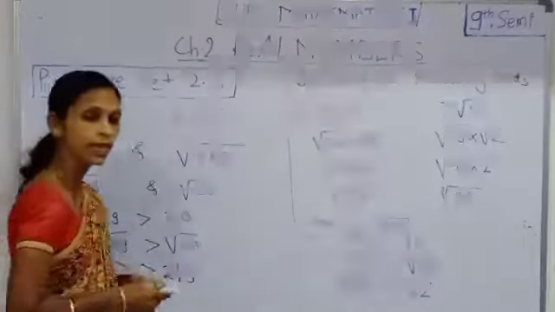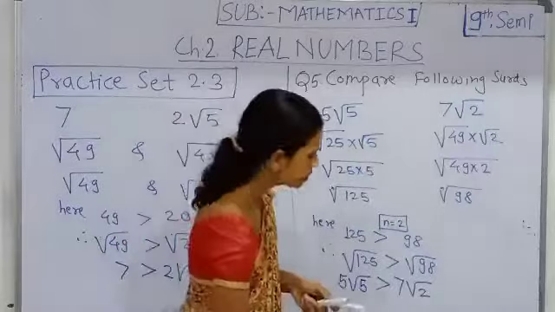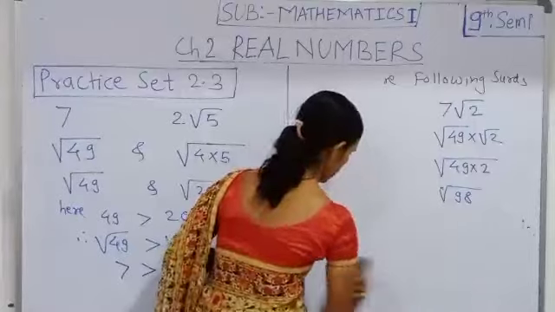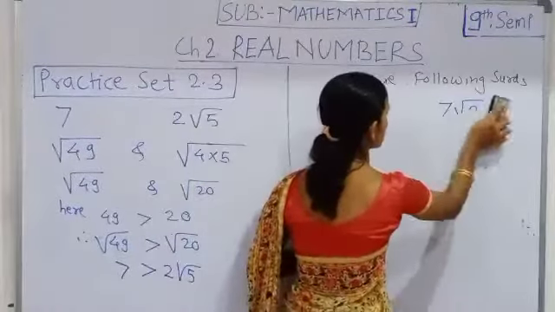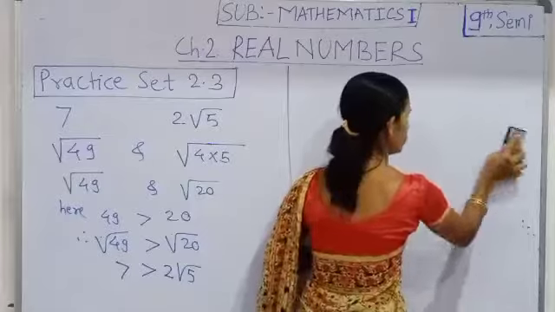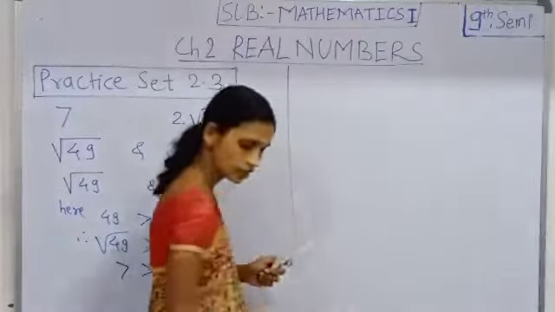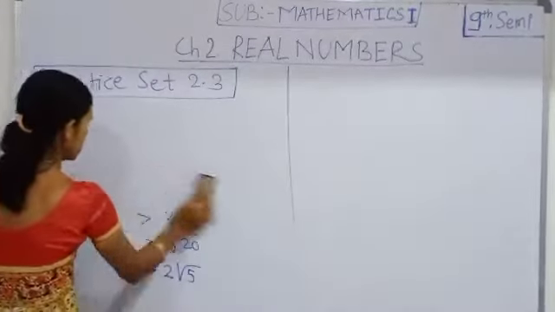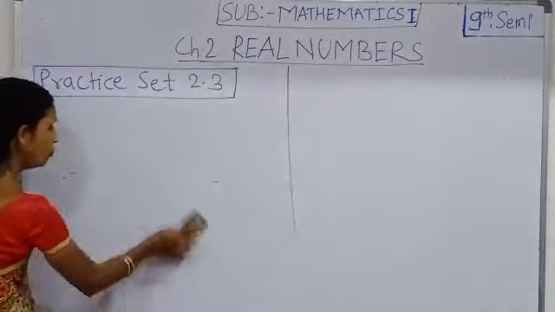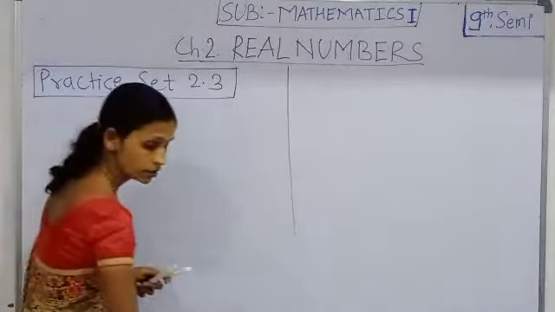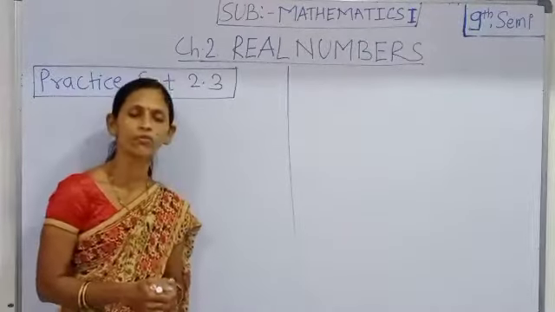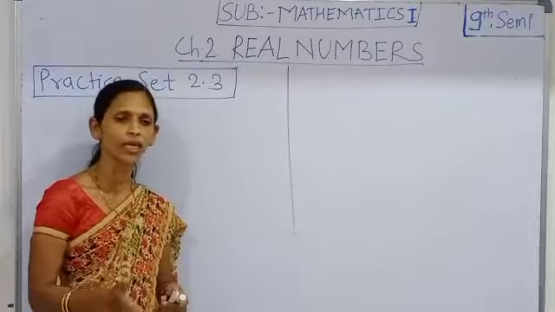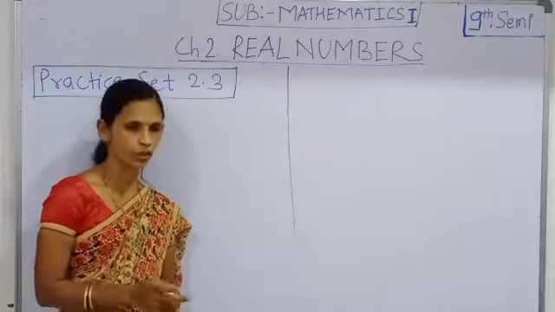Those are a few examples of surds which we can compare between those surds and determine which one is the biggest surd and which one is the smallest surd. Then a few more examples are given here in question number 5 for comparison. You may solve the remaining examples in your textbook.